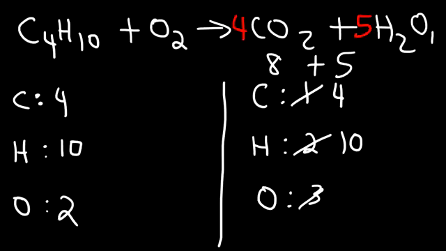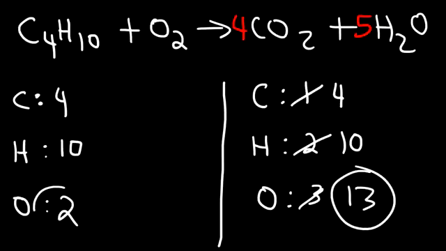So 8 plus 5 is 13. Now, 13 divided by 2 is simply 13 halves. So if we put 13 over 2 in front of O2, the equation is balanced.